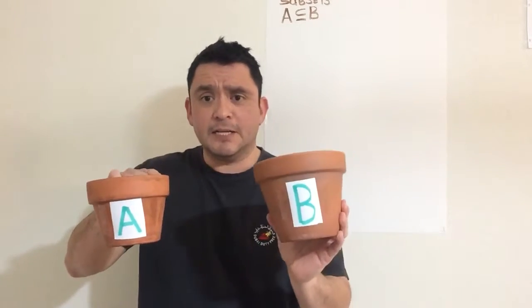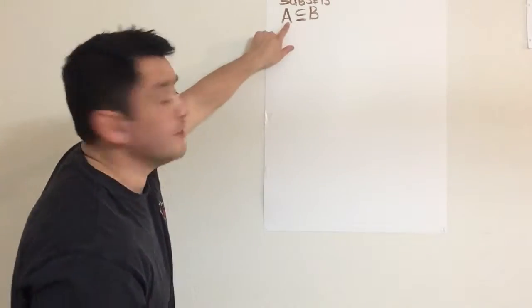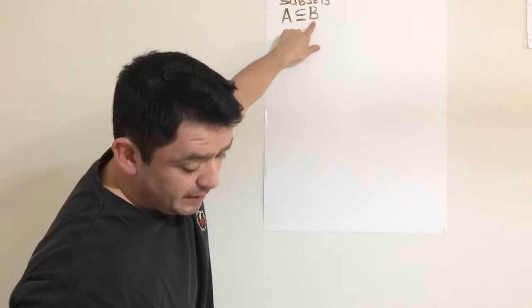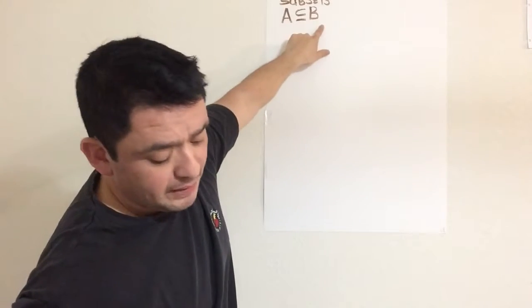Now, let me illustrate. Set A is a subset of set B. You see? All right. Now, if there is at least one element of A that is not an element of B, then set A is not a subset of B. Let me show you that one.